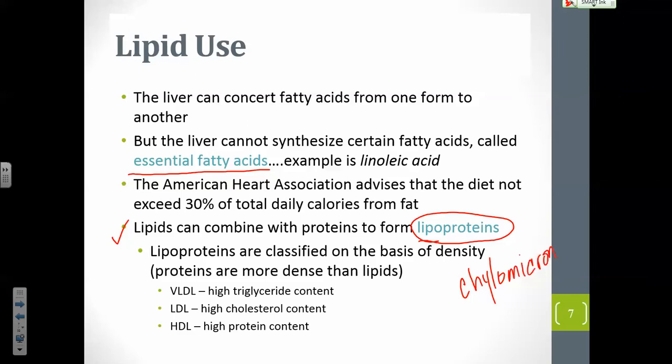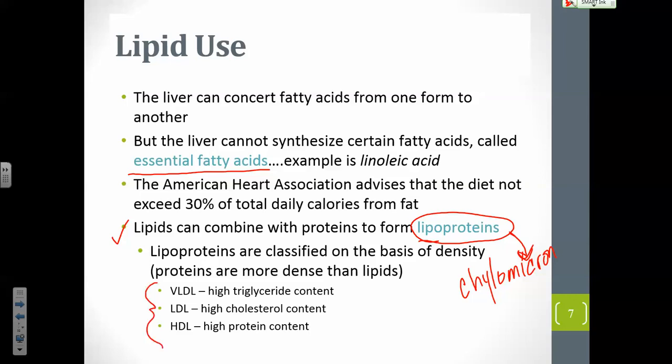A chylomicron was when the fats from the foods you eat before they get into the lacteal, they're combined with some proteins. Okay, and those fats are mostly triglycerides. Okay, that's an example of one of these lipoproteins. That's the digestive one. All right, but in your bloodstream, you have a variety of lipoproteins, and here they are.